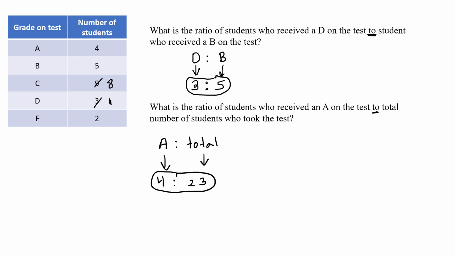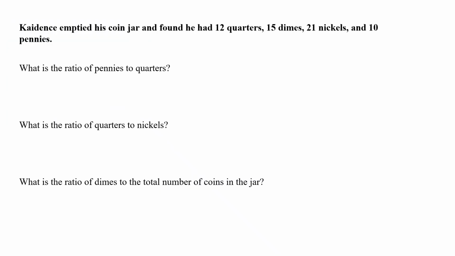Let's do another example. Cadence emptied his coin jar and found he had 12 quarters, 15 dimes, 21 nickels, and 10 pennies. What is the ratio of pennies to quarters? There were 10 pennies to 12 quarters.